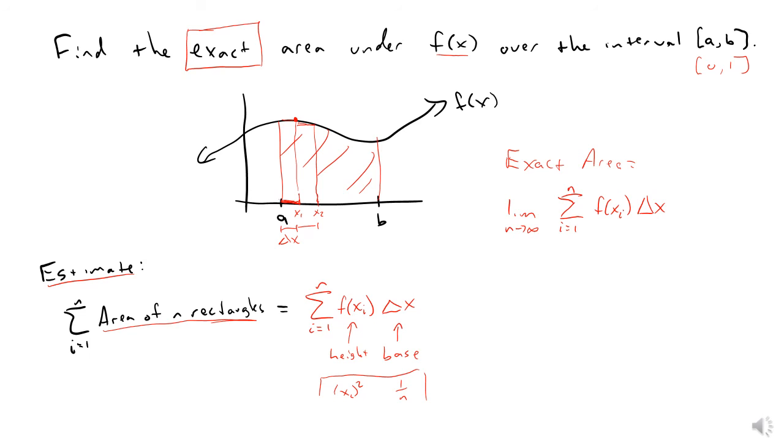Now, on the previous slide, this all worked out nicely because I was able to use one of our nice sum formulas to simplify. The i over n squared is what we were doing on the previous slide for this f of x sub i, and that delta x was 1 over n.